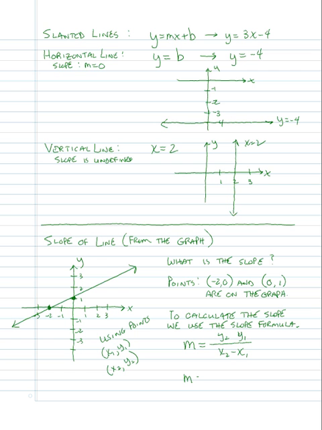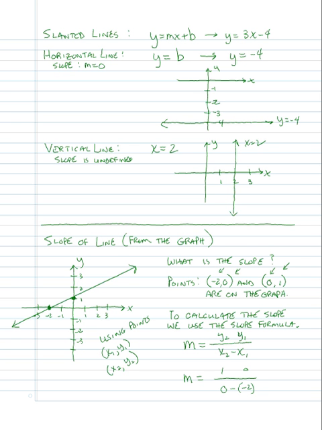So in this case, I might say, okay, I'm going to take the y value from this point, that would be 1, and I'm going to subtract the y value from this point, and that would be 0. Then I've got to do the x subtractions in the same order. So I start with this x value on the bottom, 0, and I subtract the x value that's over here, and that's negative 2.